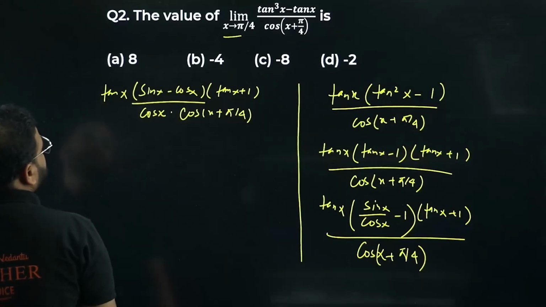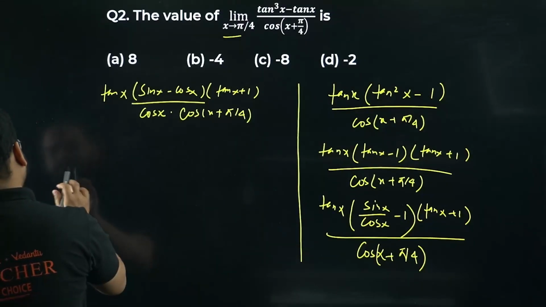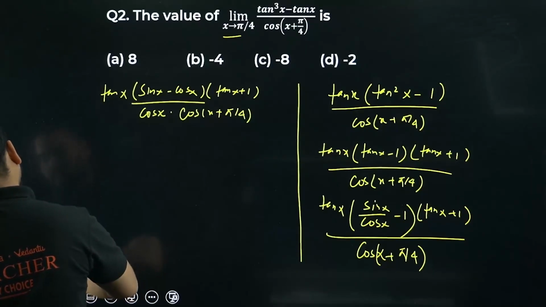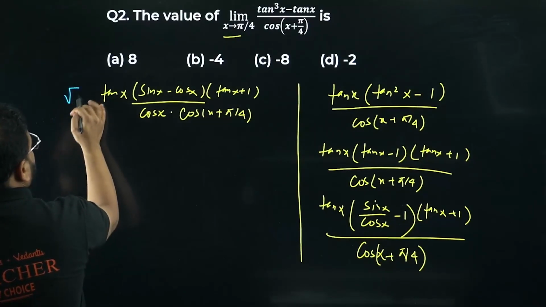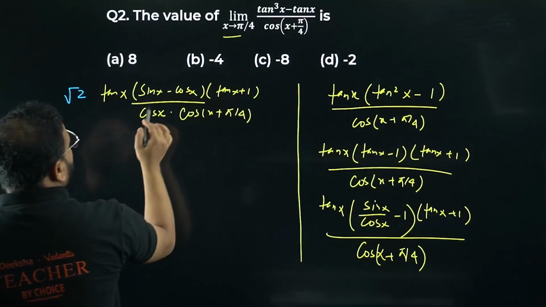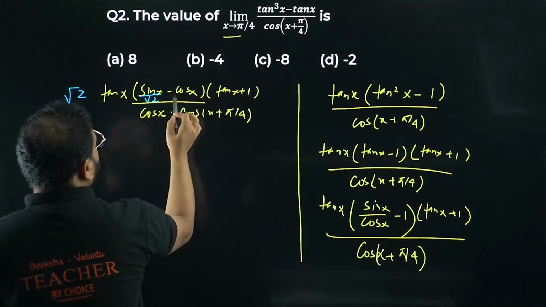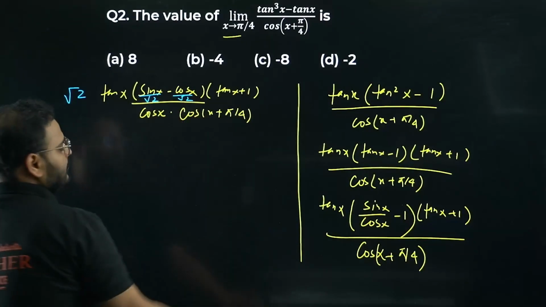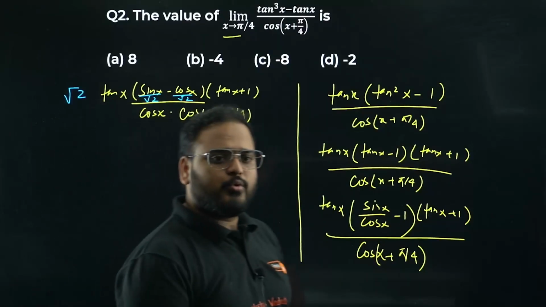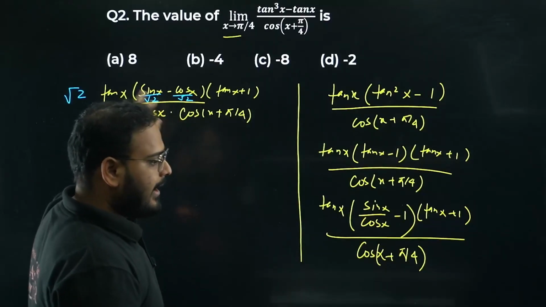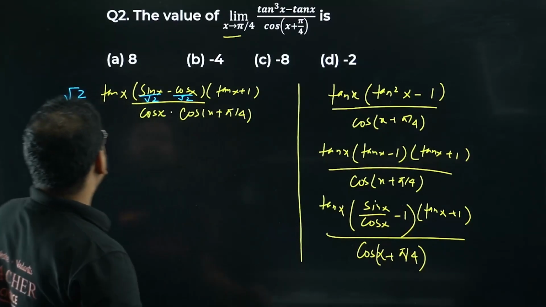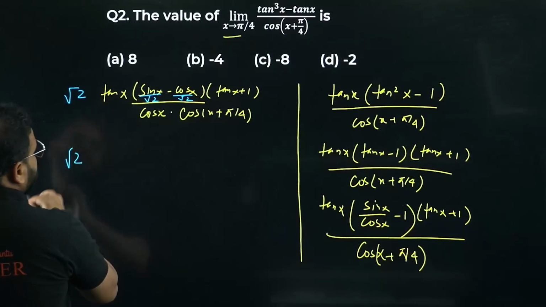Have a look. What I'm going to do now is multiply this with root 2, and then I'll get divided by root 2 as well. So I've taken root 2 over here, and here multiplied with root 2. I hope this is all visible to you.